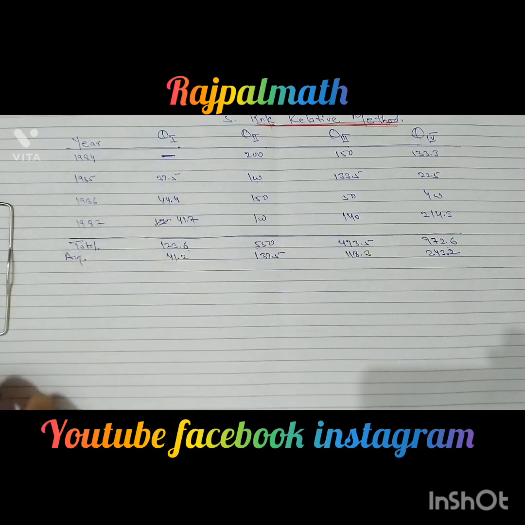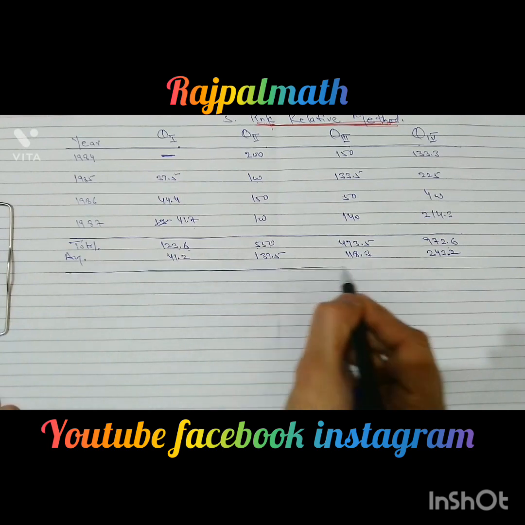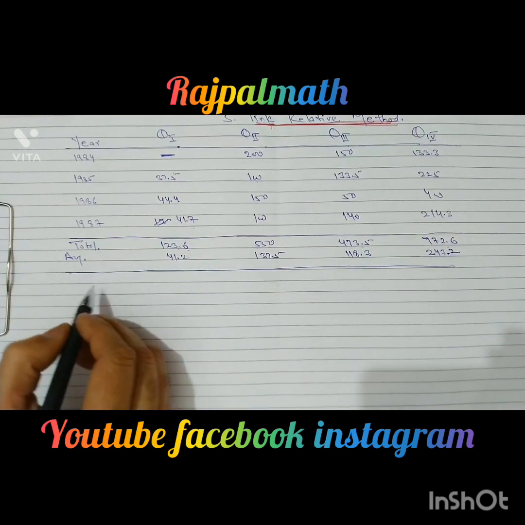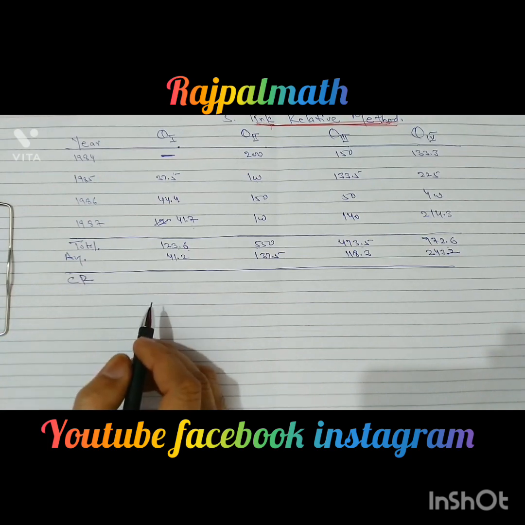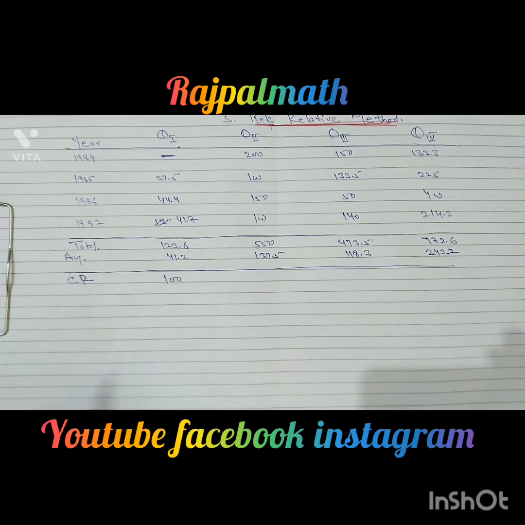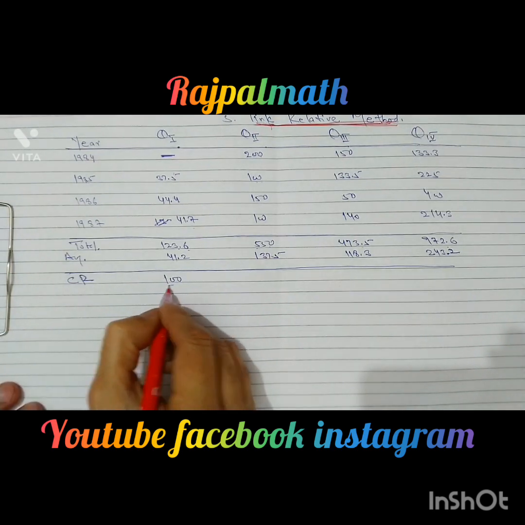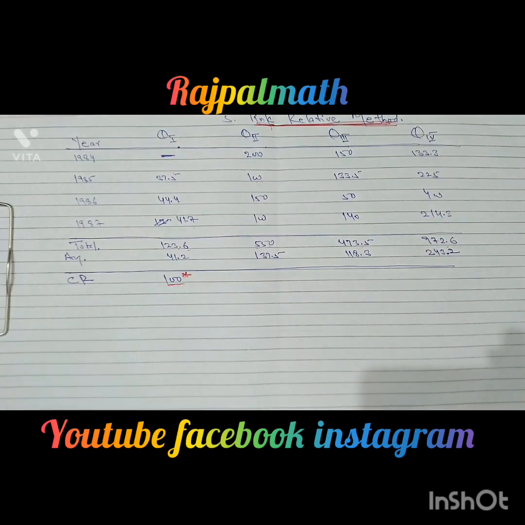Calculate CR, chain relatives. For the first value, CR is always 100. For the first quarter, CR is always 100. Please remember this. Clear?